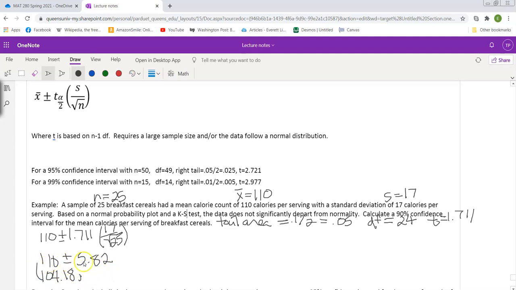And the upper level is 110 plus 5.82, 115.82. And don't forget your interpretation.